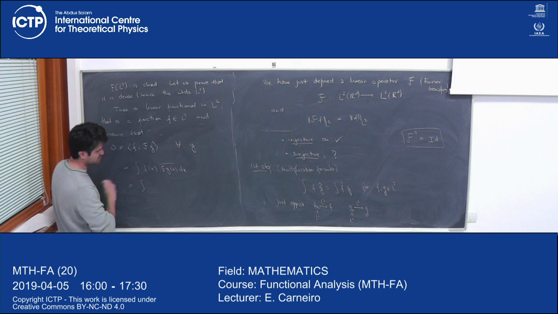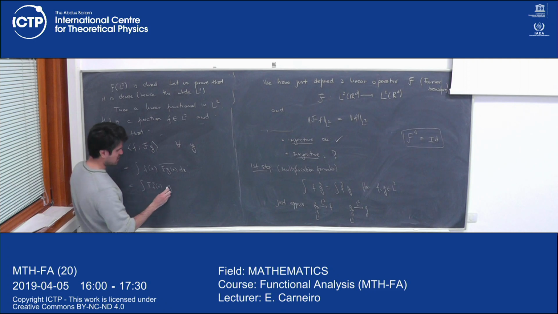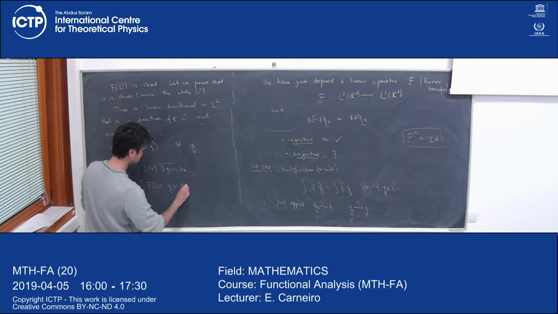But then this will become perhaps f of the reflection of x, and there will be a slightly different operation that we have to do here, and then g of xi dxi.